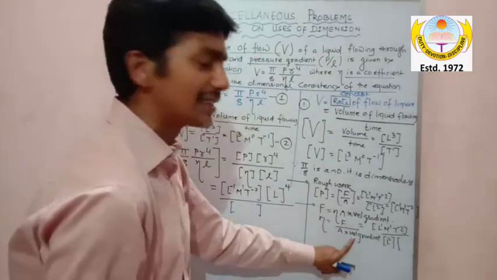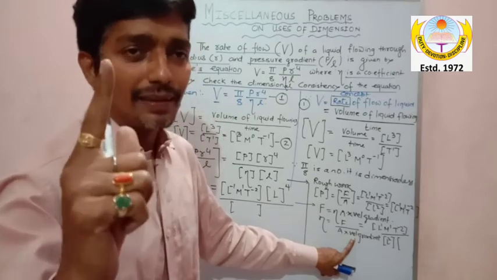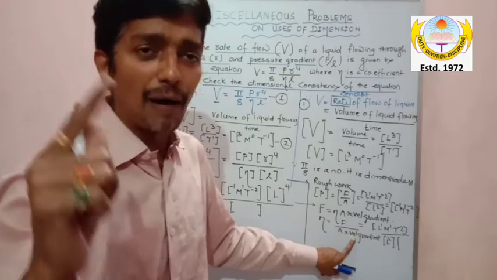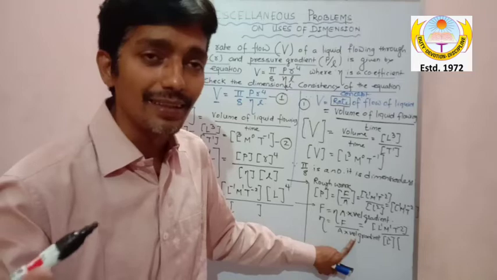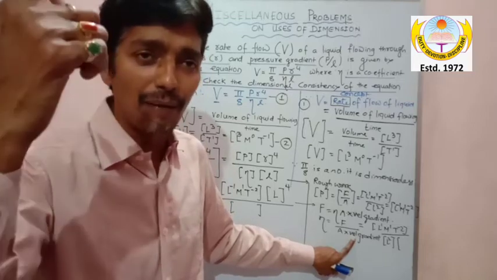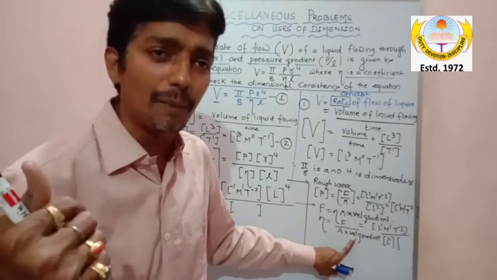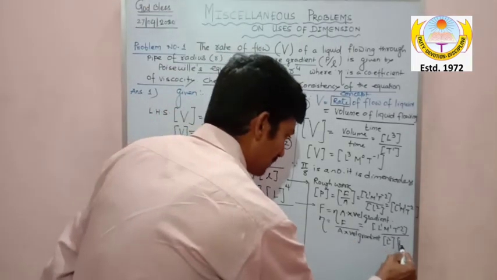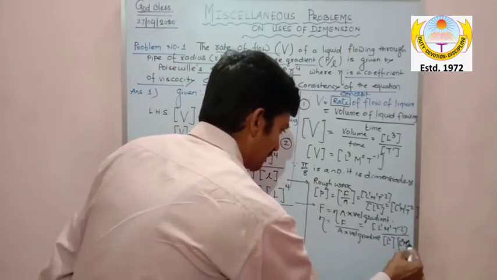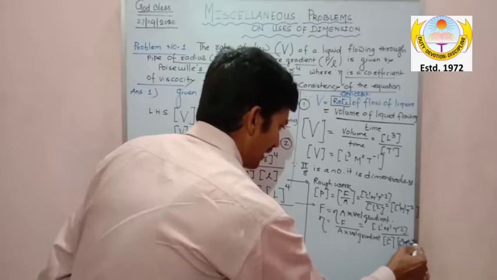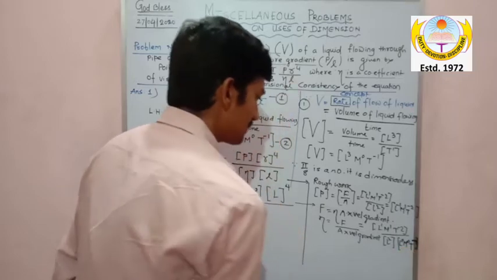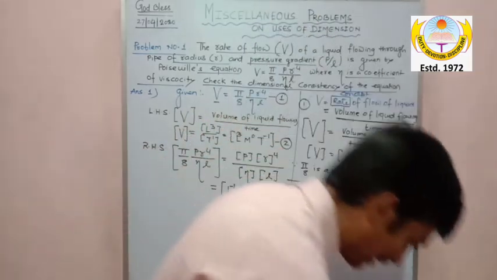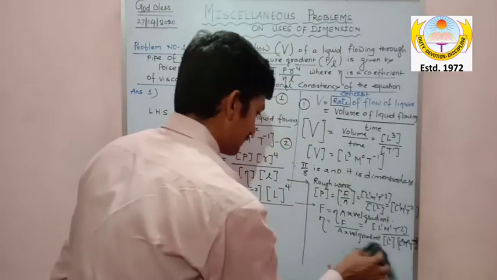The velocity dimension is L power 1, M power 0, T power minus 1, upon length, which is L power 1. So L power 1 in the numerator and L power 1 in the denominator cancel. So the dimension is L0, M0, T power minus 1.